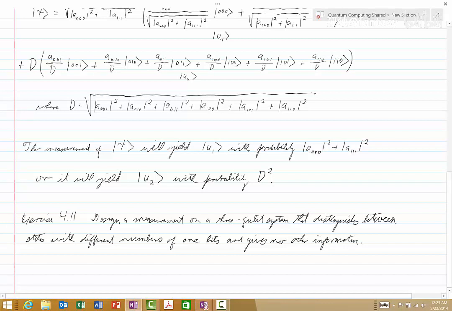And again, we also have the remark, as we did in exercise 4.9, to put everything in the bracket notation.